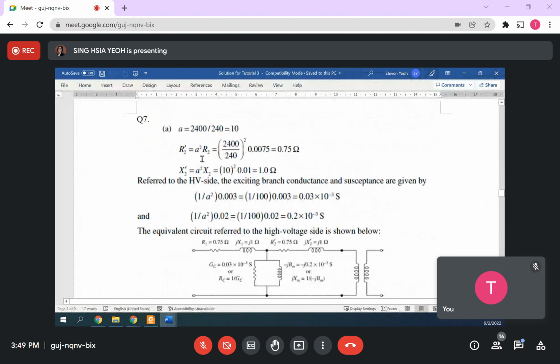You map it to the primary side using n1 over n2 power 2. Then X also the same thing.